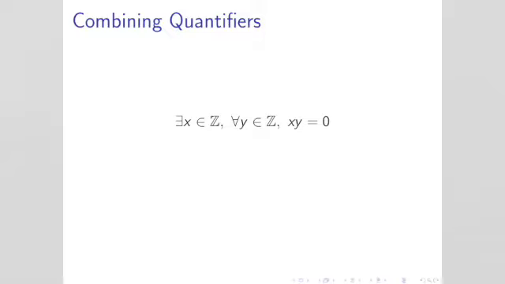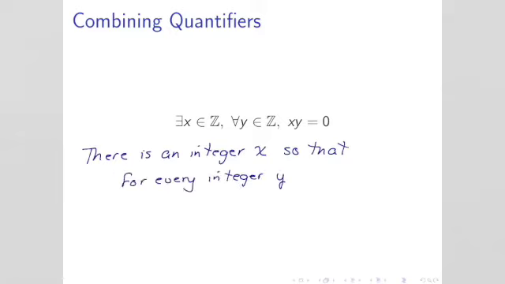Now, what happens when we start putting quantifiers together? This sentence says that there is an integer x, so that for every integer y, x times y equals 0.